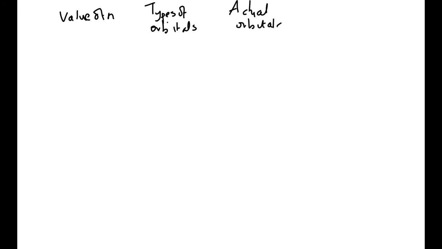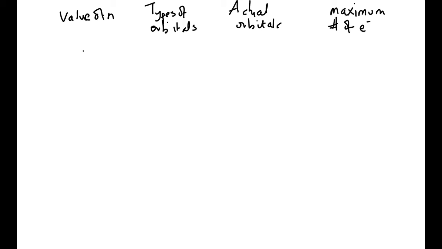Okay, so let's summarize this. So we have our principal quantum number, how many types of orbitals, how many actual orbitals, and the maximum number of electrons.